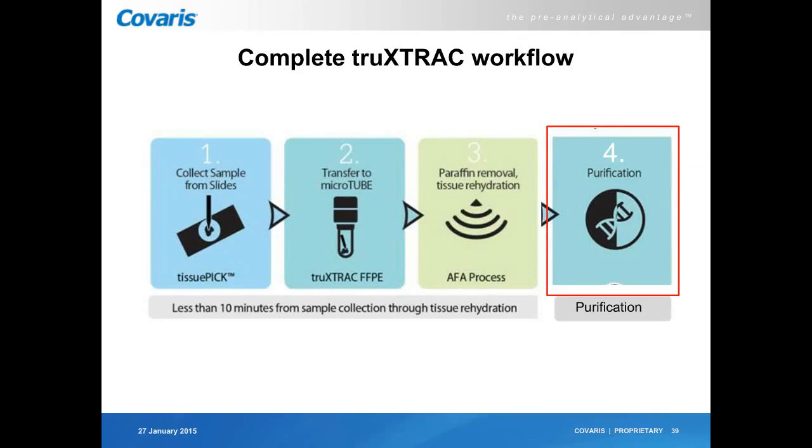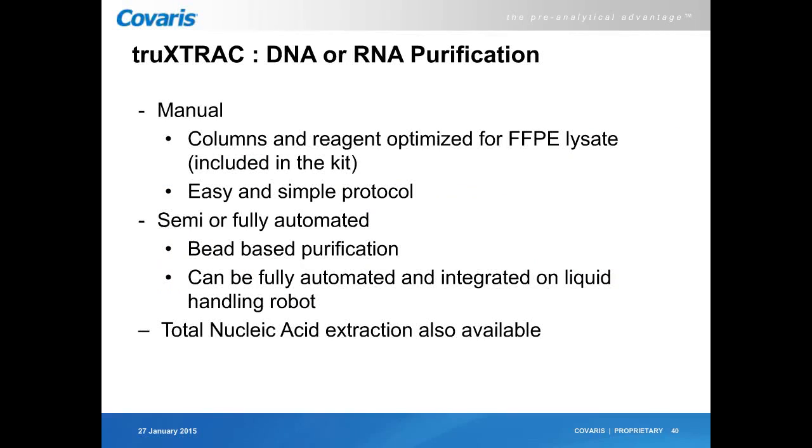And so the last part of a complete FFPE DNA RNA extraction workflow is really the purification. And again, with truXTRAC, you have many options. It can be manual, with columns and reagents optimized to work with FFPE lysate. It's included in our kit. You have the columns and the reagents optimized for the purification. It's a very easy, simple protocol that you're probably all familiar with.